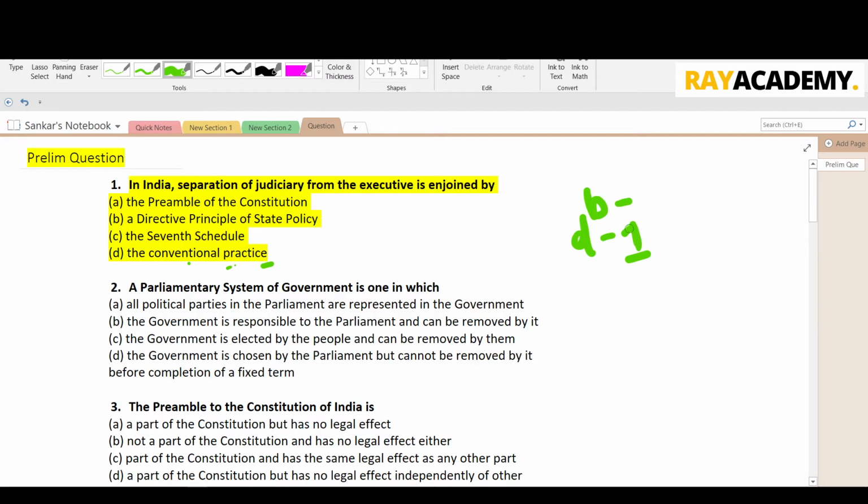Other aspirants, I can see there are so many students. Please try to answer. It's okay if you are wrong. Nobody is here to judge you. B, okay, and okay, and other aspirants, quickly. We have 10 questions to cover today. Yes, B, okay.